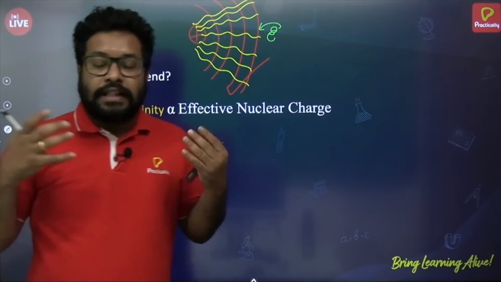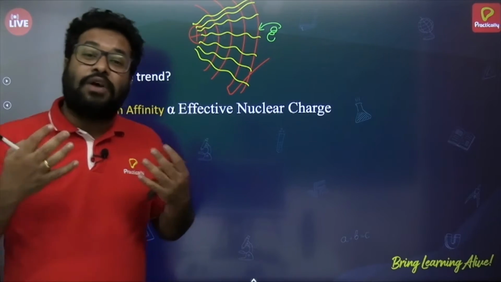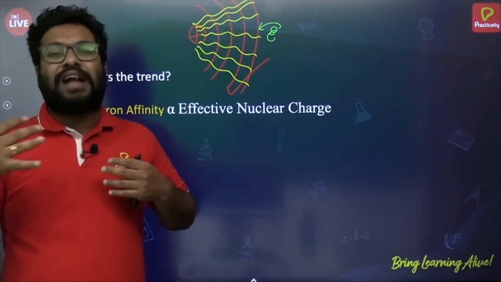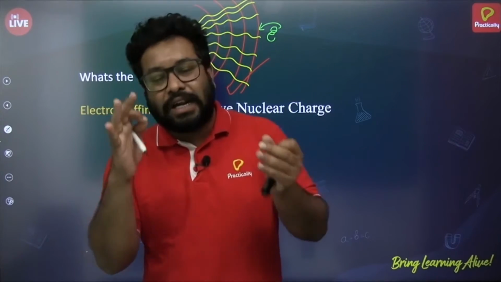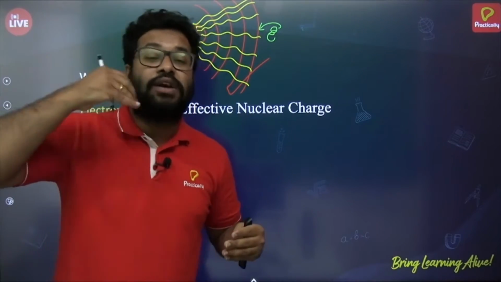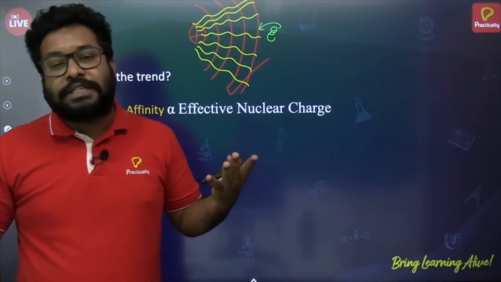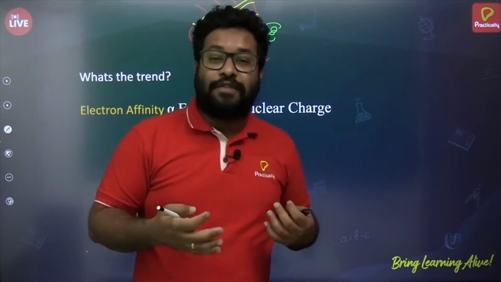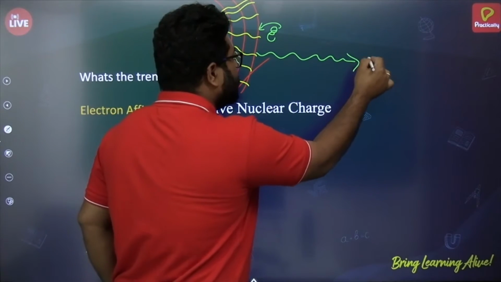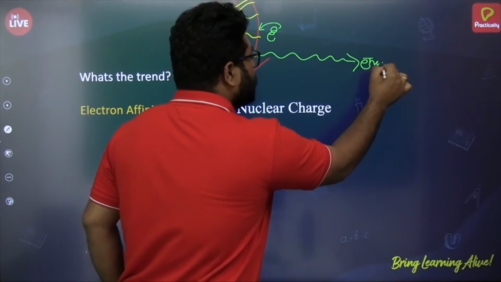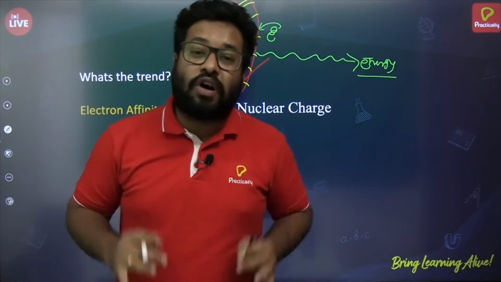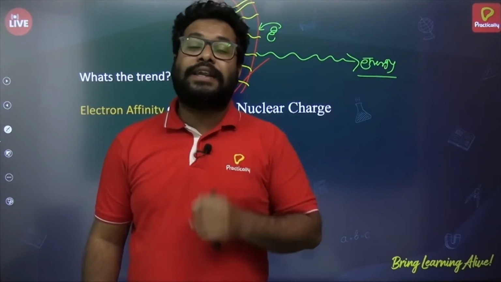And obviously that causes the development of a force of attraction, or I would say a kind of a bond. I wouldn't say a bond, but an electrostatic force of attraction is developed between the nucleus and the incoming or test electron. Now obviously that means something has formed. If something has formed, it will surely release some energy. And that is why electron gain enthalpy is more often than not negative.